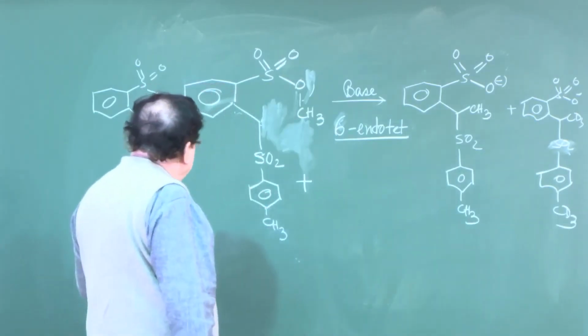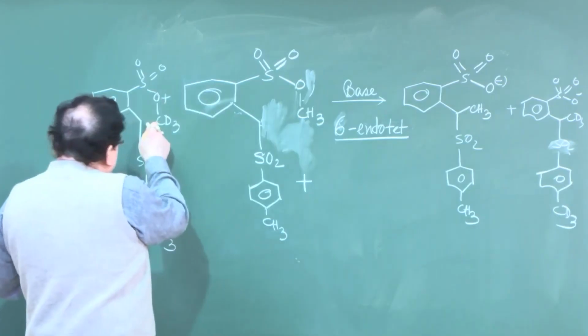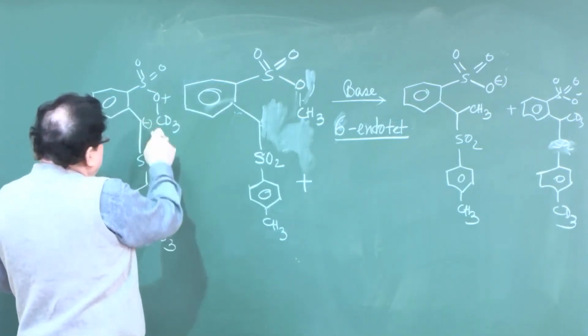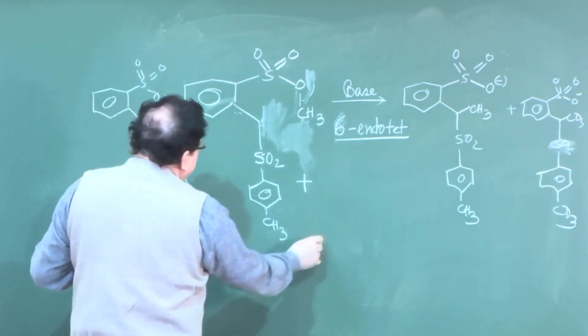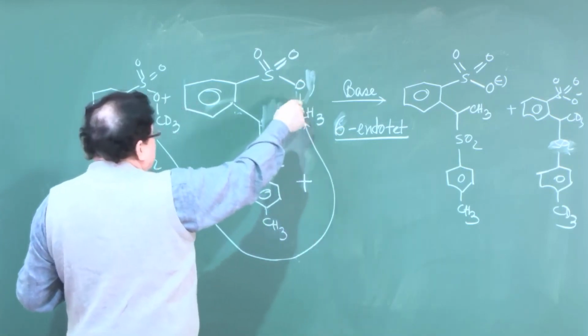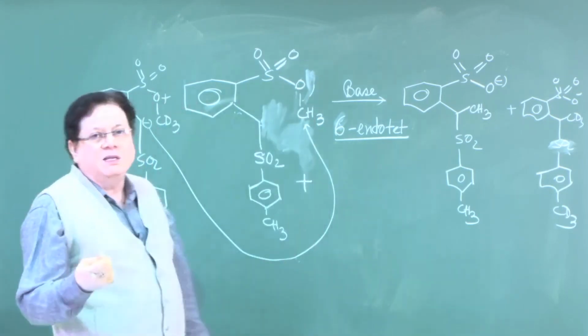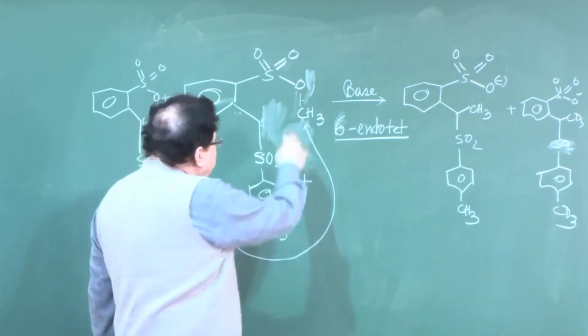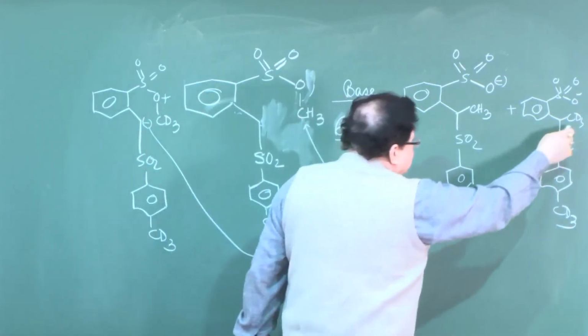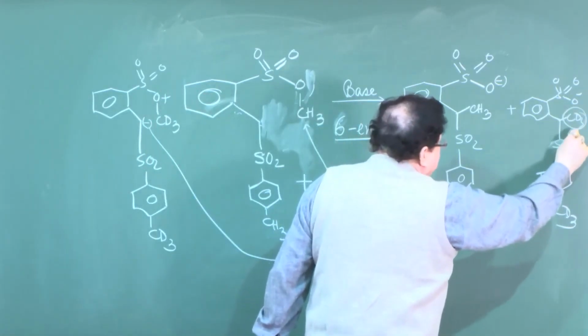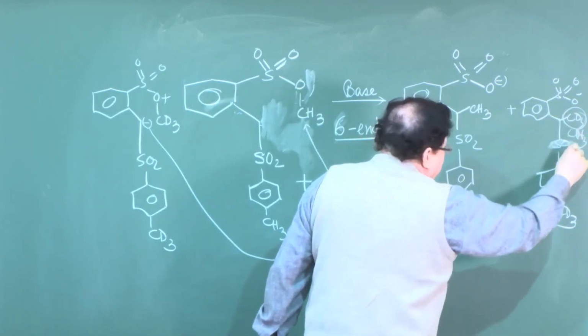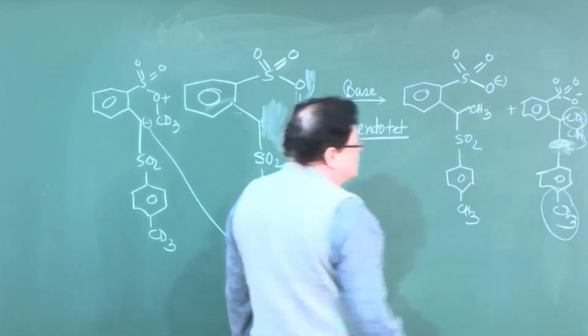But if it is intermolecular, then what will happen? Then this negative charge can attack another molecule, and that molecule may happen to have the methyl group and not the CD3 group. So, you can get a product where this CD3 is replaced by a CH3, but at the para position of this aromatic ring, this is CD3.